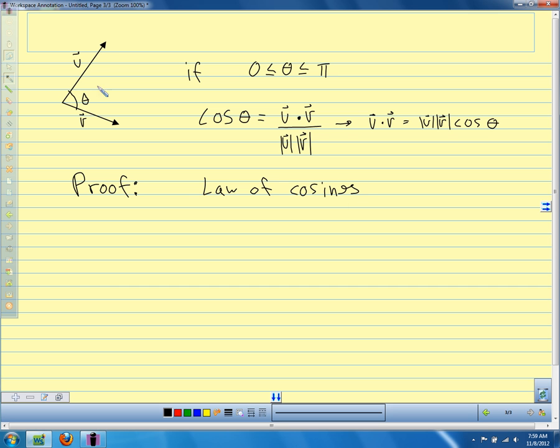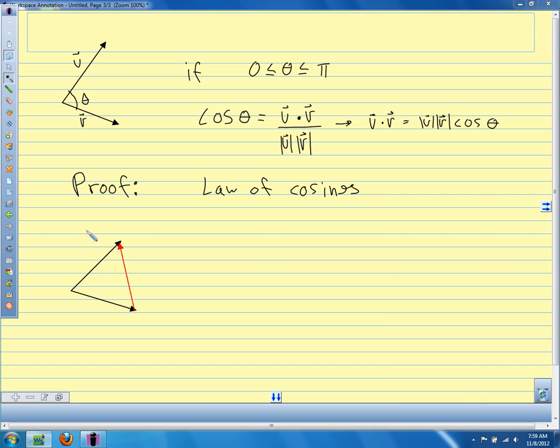Here I'm going to redraw this figure, and I'm going to draw this vector in red. So this is u, this is v, this is theta, and the red vector is u minus v.